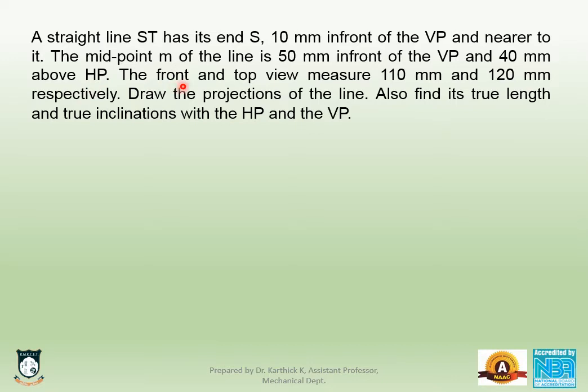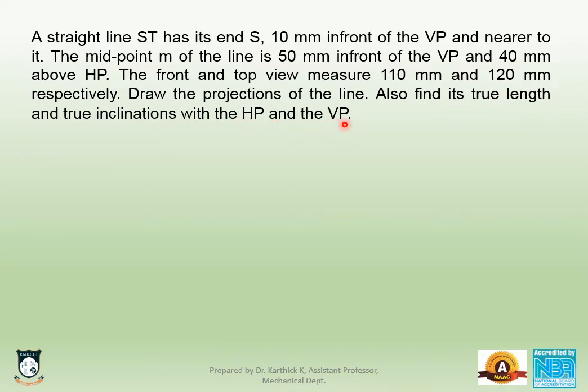The front view and top view measure 110 millimeter and 120 millimeter respectively. Draw the projection of the line. Also find its true length and true inclination with HP and VP.